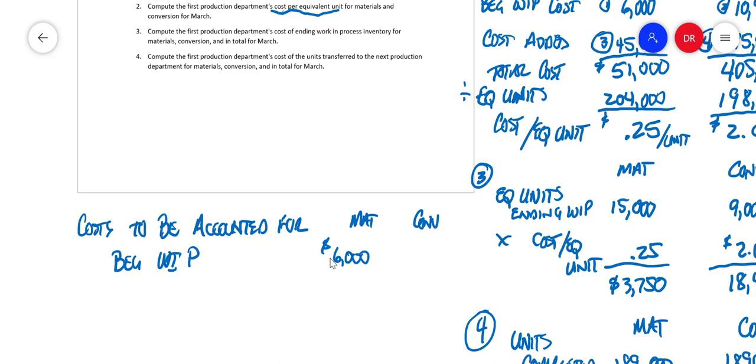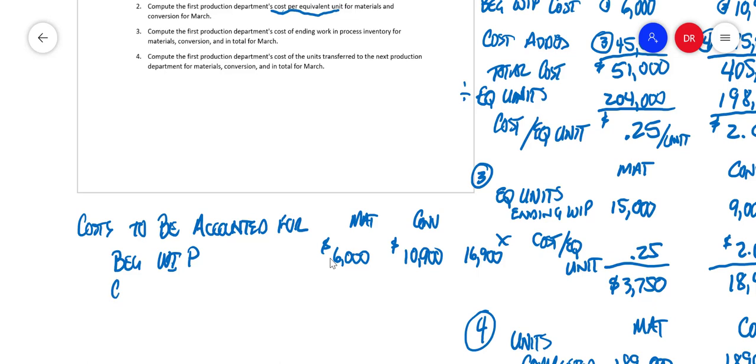And we have $10,900 here. Okay. All right. So that's beginning work in process. We have a total then of 16,900.